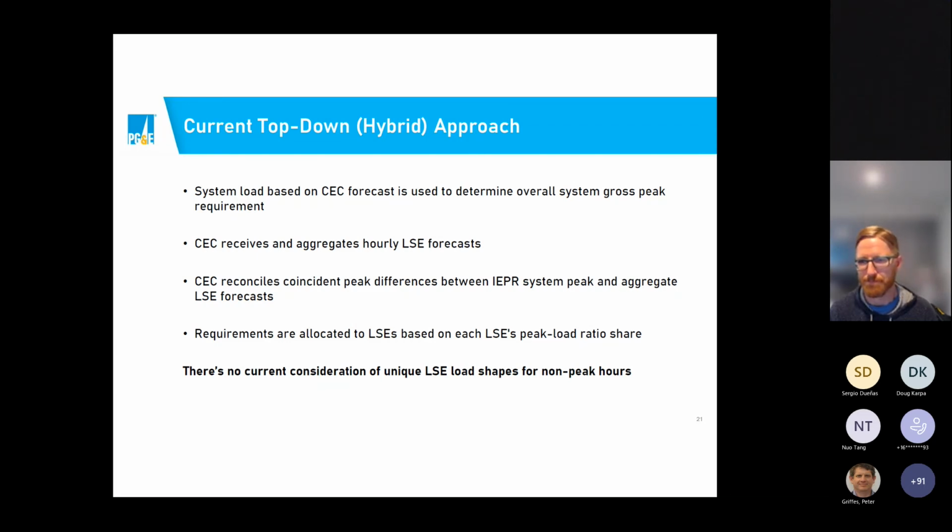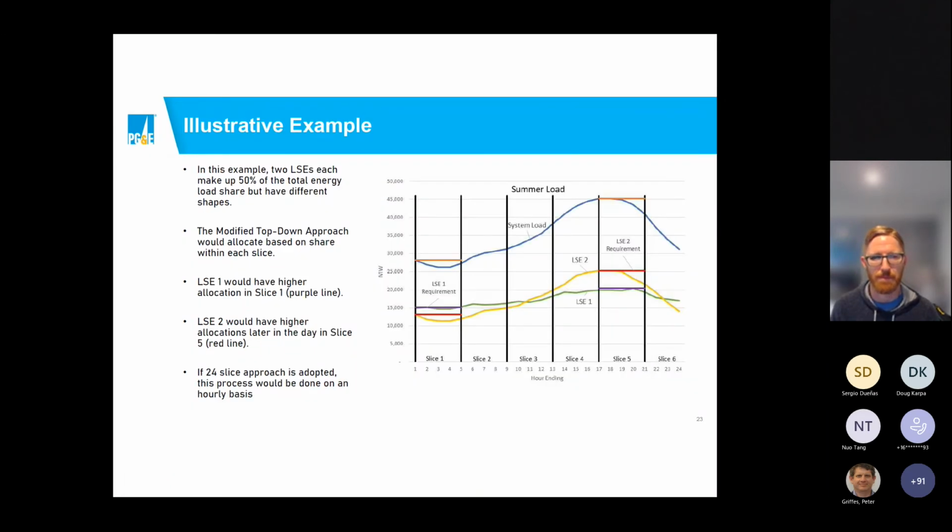And on your slide 23, you have two LSCs with different load shapes. So I assume LSC 1, the green one, has a flatter load shape, and load serving entity 2 has a more traditional load shape, closer to the system load shape.